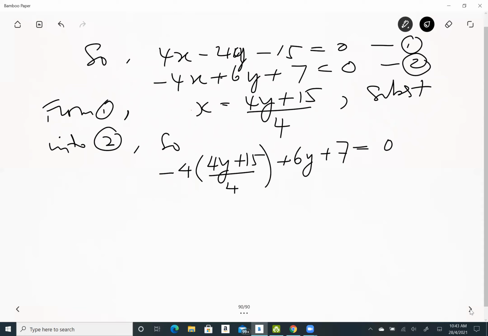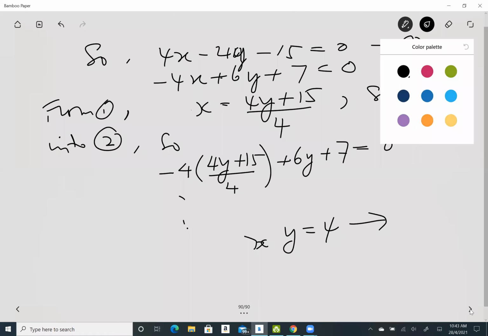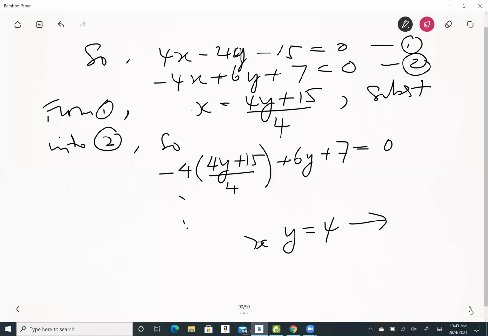You work this out and you get y equal to 4. Then, to make it easier, you substitute into the first one because you already have x. So you divide by 4, you get 31 over 4. You work that out, you get x equal to 7.75.